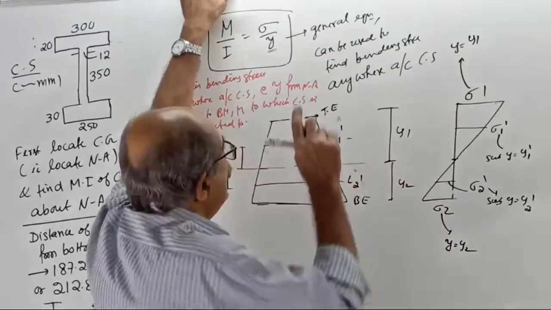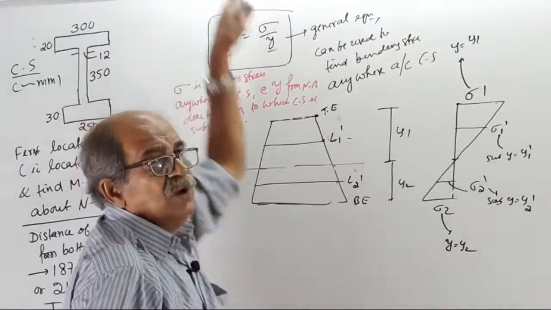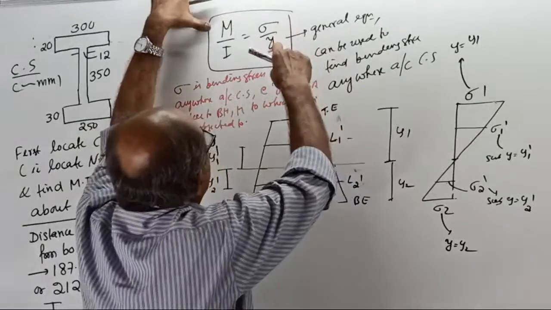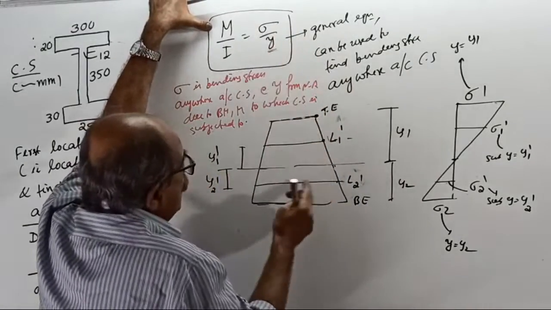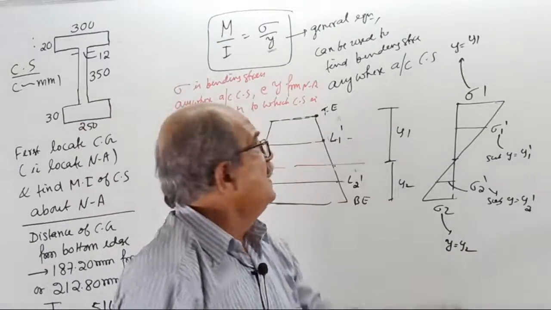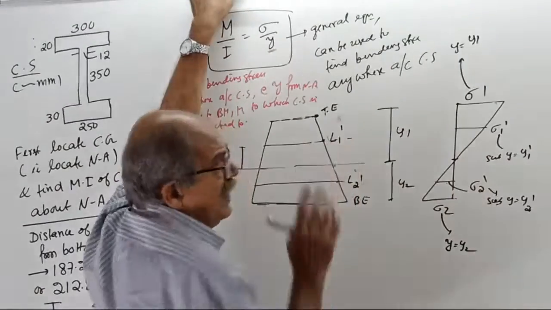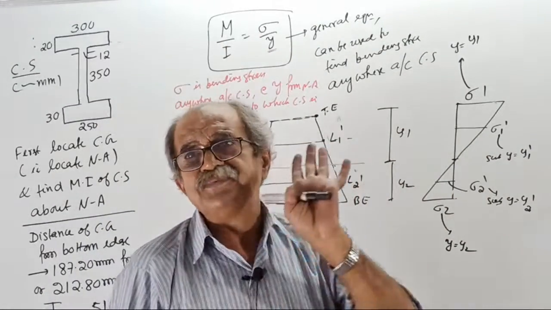Now, if you want somewhere in between, what you do? You use the same equation. You write y equal to the distance from the neutral axis up to there only. This y1 dash is less than y1. This y2 dash is less than y2. That is one of the options.